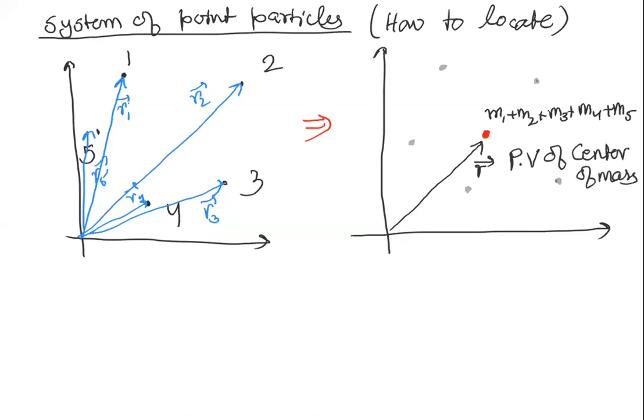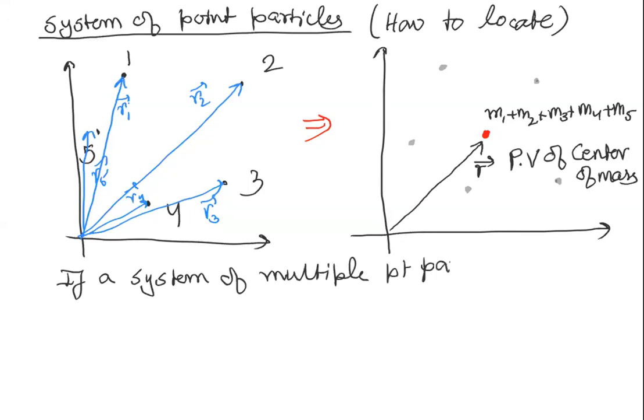Right? So basically, if a system of multiple point particles is mathematically okay, this does not happen in real life. You know this, right? I mean, a car going on the road will not suddenly become a point particle.